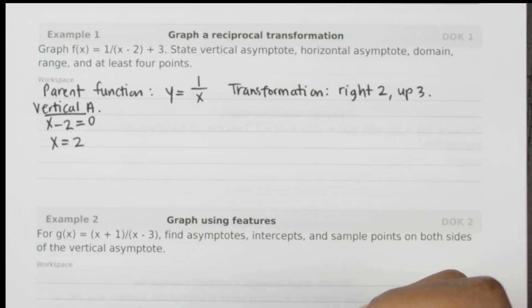For the horizontal asymptote, we would use the vertical shift. The parent graph has a horizontal asymptote y equals 0, but after shifting up 3, the horizontal asymptote becomes y equals 3.